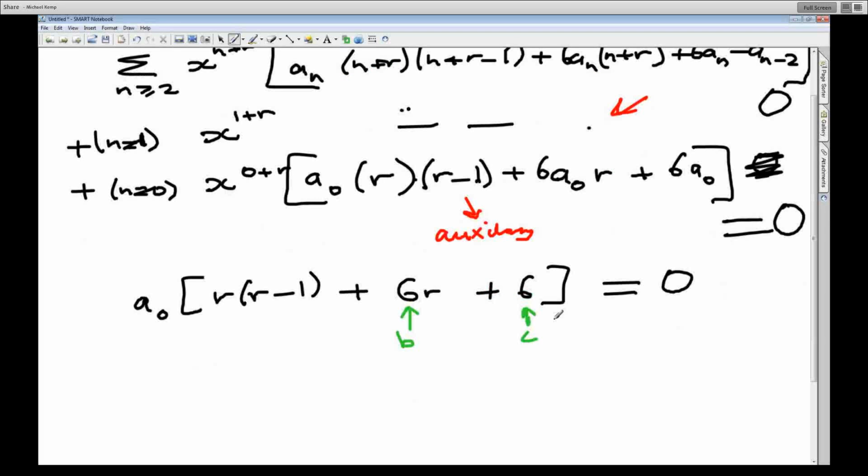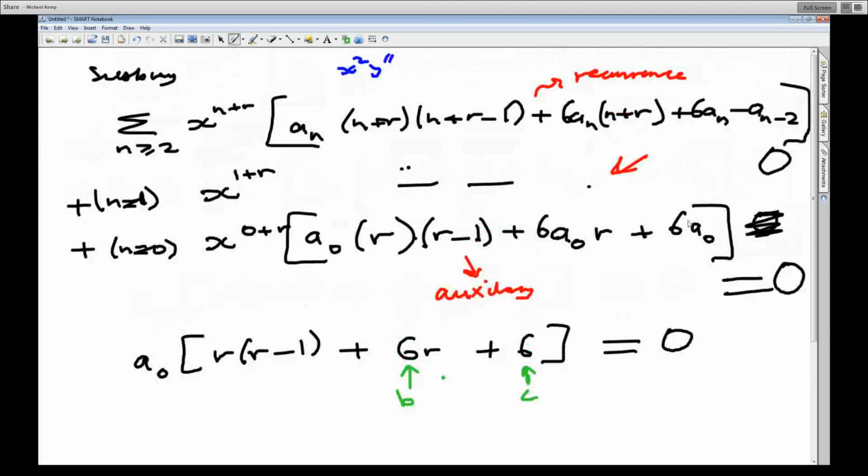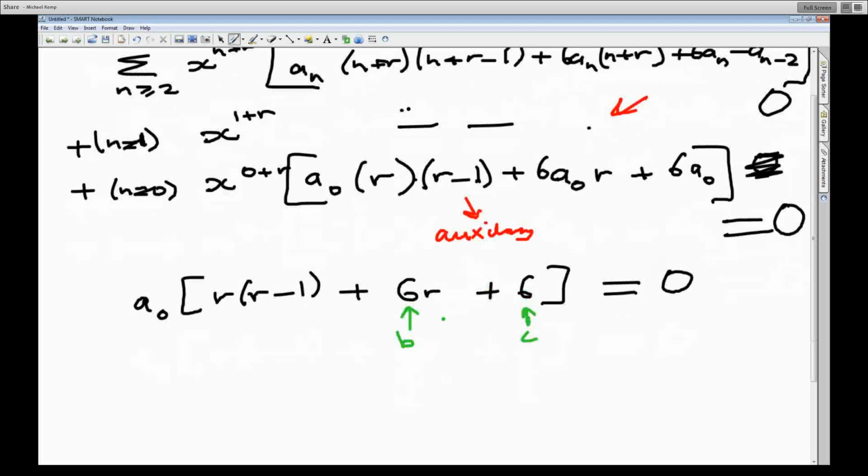Now for this to be equal to 0, either a_0 is 0 or this other polynomial here in r is 0. But to make things nice, as I said, we'll assume that a_0 is non-zero, and commonly, without loss of generality, we will just take a_0 to be 1, to make it even easier.